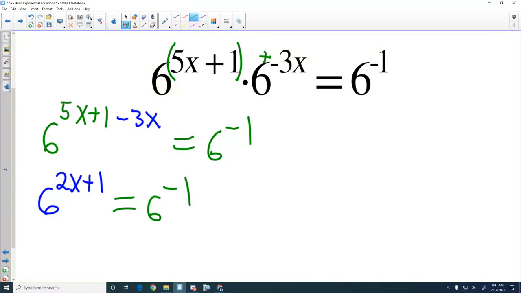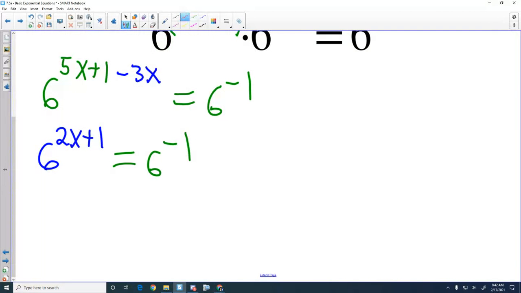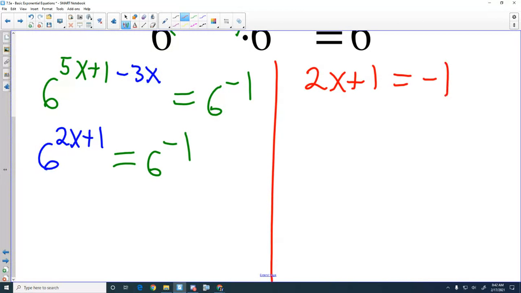So all we did is we used one of our basic exponent properties to combine those two bases on the left from having two sixes to being a single six. Now it's just like those problems you did in that first example. You've got 6 to some power equals 6 to some power. We can ignore the sixes at this point and just set those two exponents equal to each other and then solve for x. So we would say, all right, that 2x plus 1 would have to equal the negative 1, right?